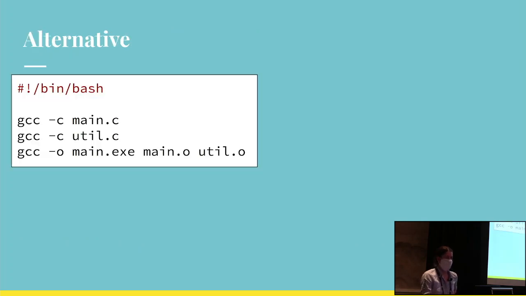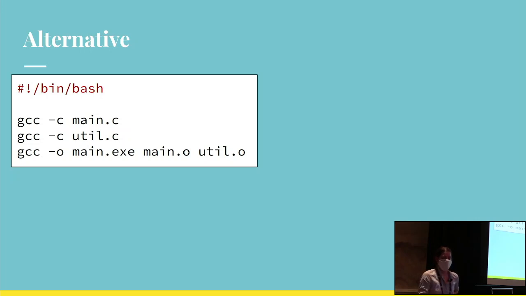Given the challenges of writing a correct build script, like if you write a make build, you have to get all the dependencies correct or your build might not work as you expect it to, an alternative is to just write a shell script where you write the list of commands that you need to build your project. The benefit of this is it's really easy.